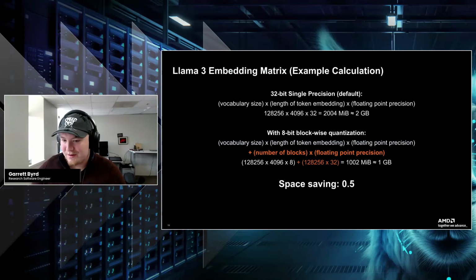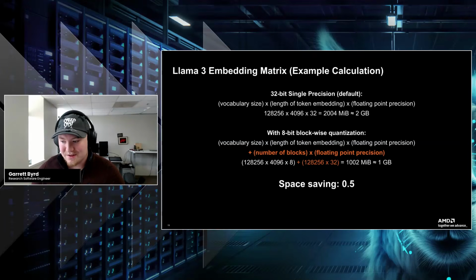But if we apply 8-bit blockwise quantization, we follow the same formula here, substituting 8-bit instead of 32-bit. Here we're using a block size of 4096, which is on the upper end of block sizes in these applications, but it's quite realistic.